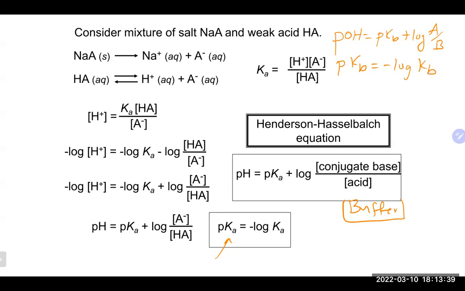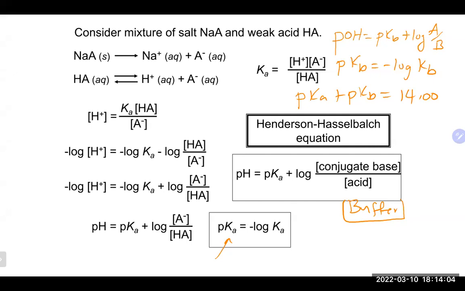Sometimes people will use that one for basic buffers and common ion type situations. There's also a nice relationship that if you take the pKa plus the pKb, it equals 14, kind of like the pH scale. So that's sometimes useful. Maybe you got a pKb value, you want a pKa, you could kind of convert it.